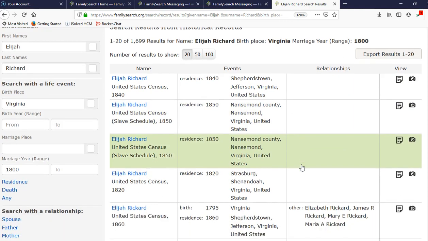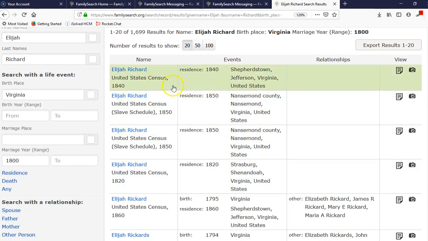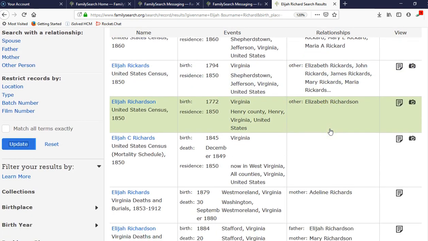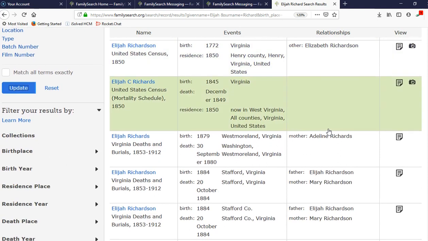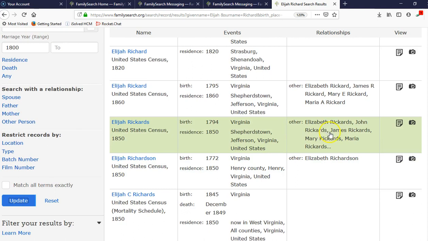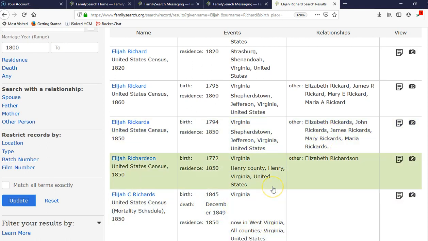Now, another thing that's interesting, and this is cool, there's Elijah Richards in Shepherdstown, Jefferson, Virginia. I do know that my grandfather, by the 1840 census, was already in Kentucky. So a lot of times you can look at it this way and try to find different things to look for.